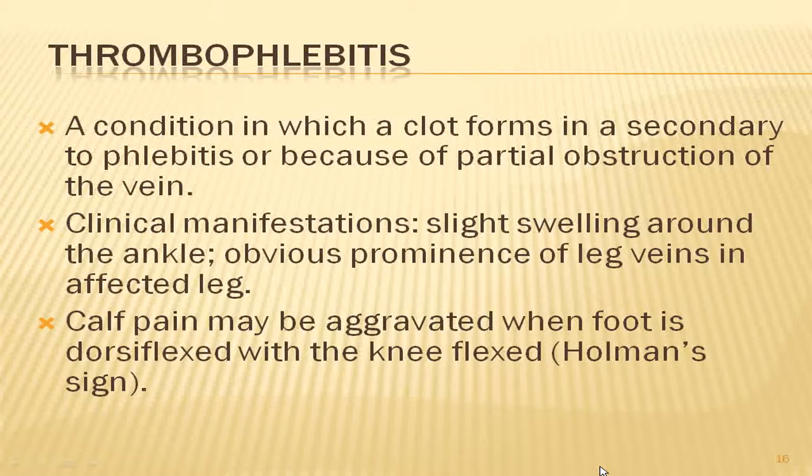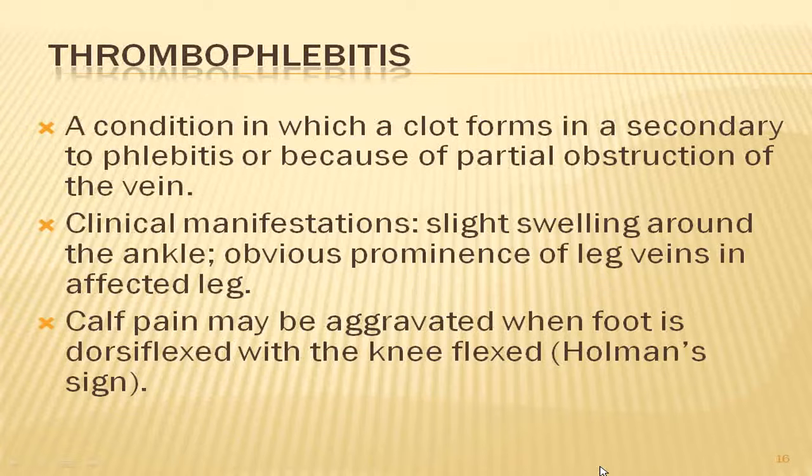We check a Homans sign when we're doing our daily assessment of our patients to see if they have any inflammation of the veins. Again, we know that if we have an inflammation of the vein, we have blood flow that can be affected to that area.